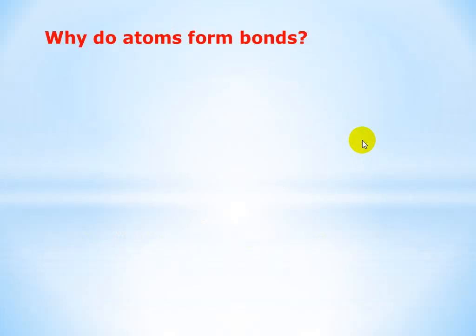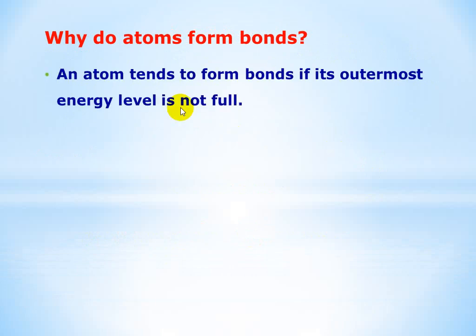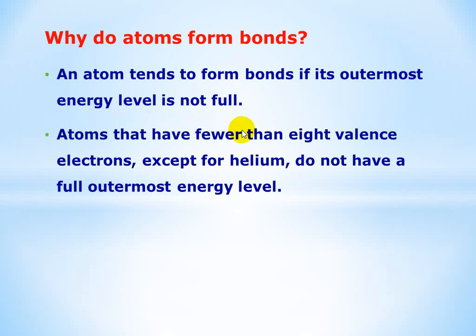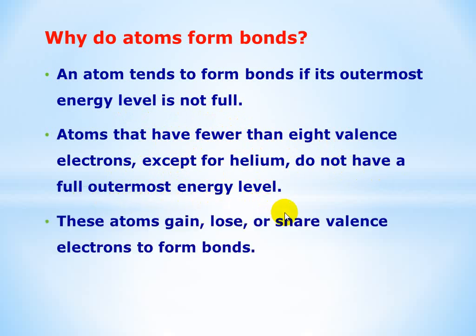Let's continue our lesson. Why do atoms form bonds? Why are atoms bonded to each other? Atoms tend to form bonds if their outermost energy level is not full with 8 electrons. Atoms that have fewer than 8 valence electrons, except for helium, do not have a full outermost energy level.